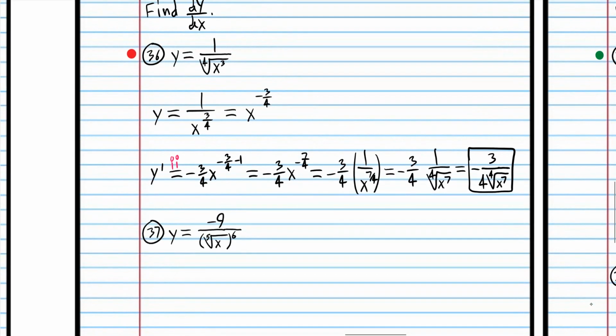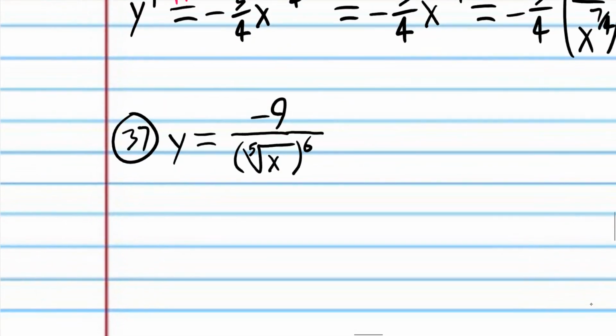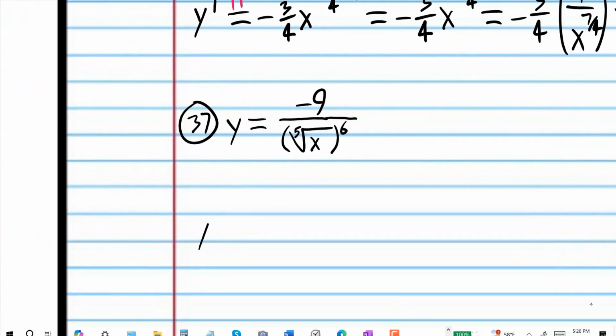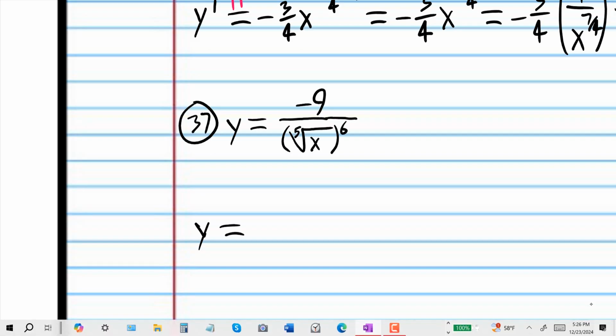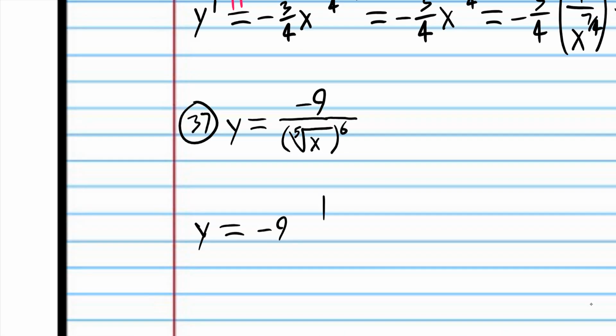So we used exponent rule number 10 in that problem. Now we're going to use exponent rule number 10 again. Before we find the derivative, we're going to factor out 9.